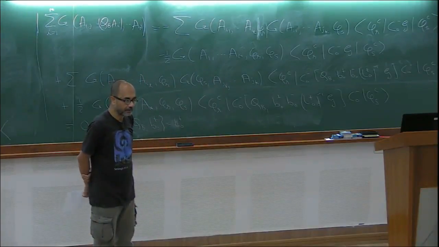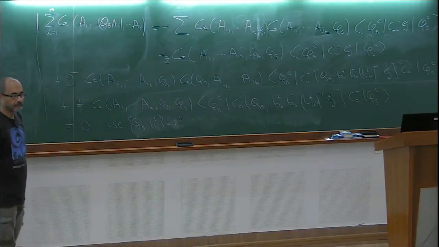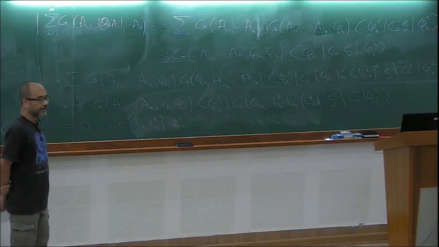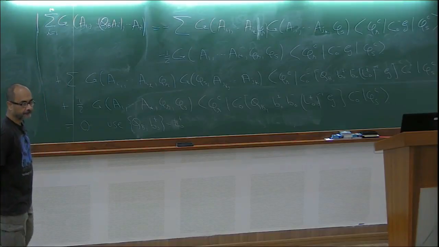But the very fact that the anti-commutator of QB with C0 minus doesn't have a C0 minus mode makes the corresponding matrix element vanish. Exactly. You don't have the C0 minus zero mode in the matrix element, and that's how it vanishes.